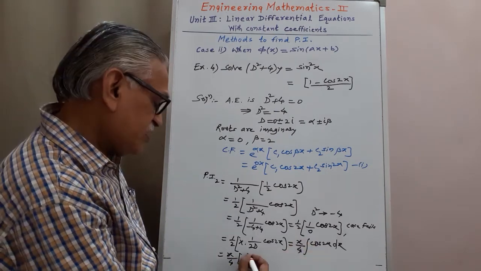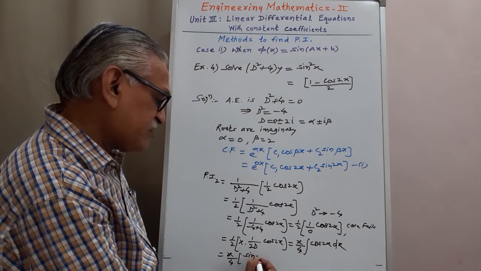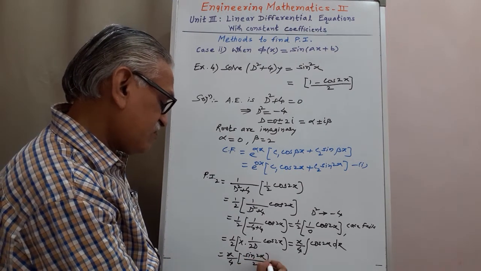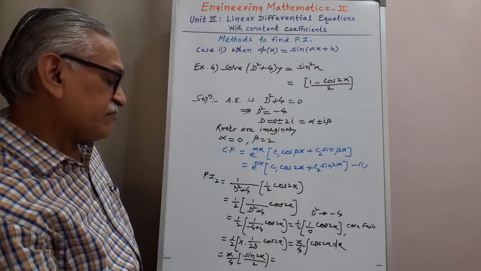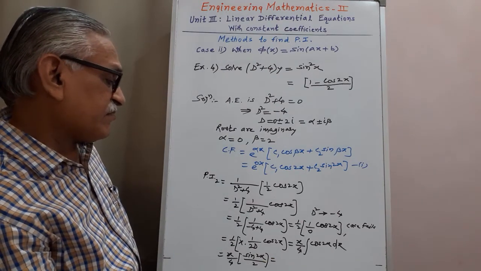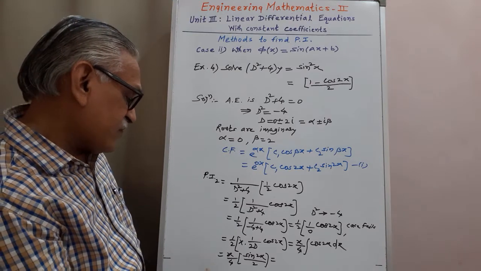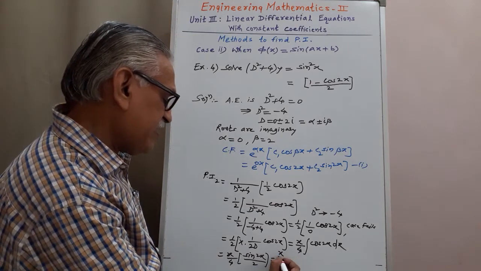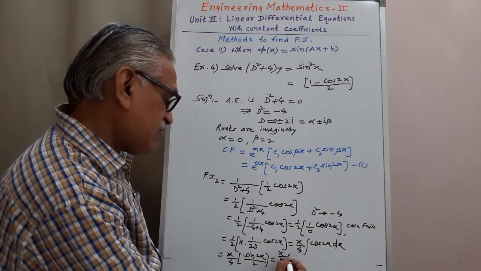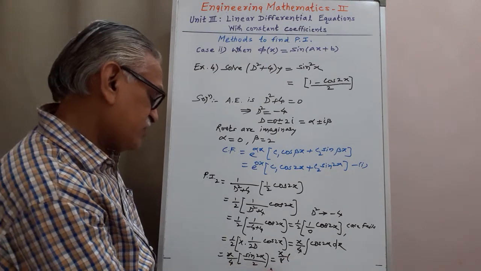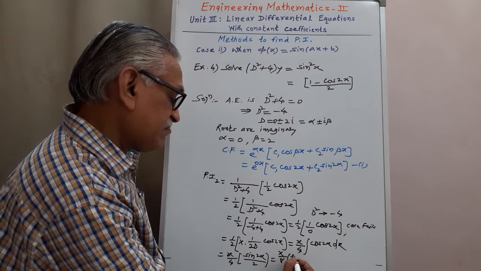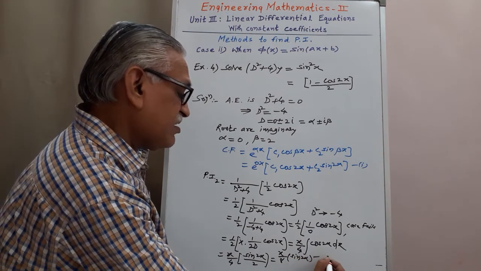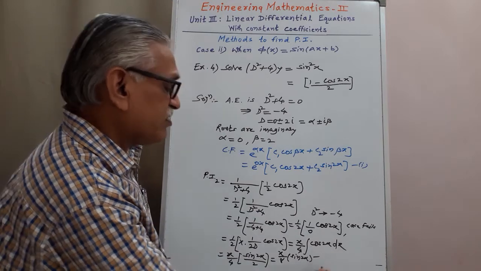Integration of cos is sin 2x by 2. We get that value as x by 8 into sin 2x. Equation number next, third.